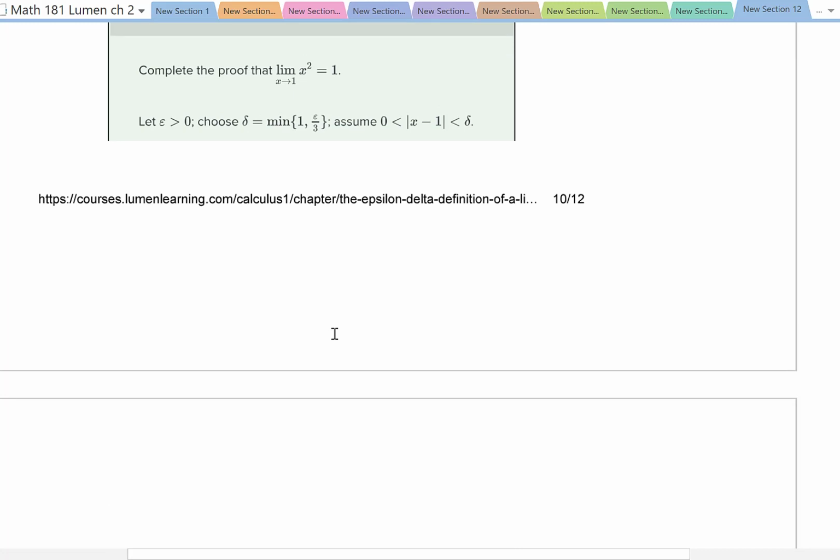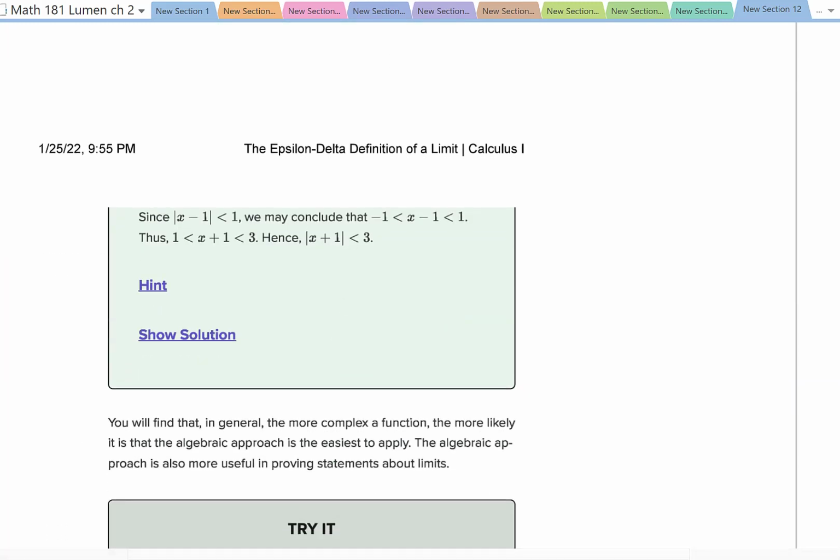And they want us to complete the proof. It'd be helpful if it's all on the same page, but okay. We go with the absolute value of f of x minus L, which is the absolute value of x squared minus 1, which is the absolute value of x plus 1 times x minus 1.